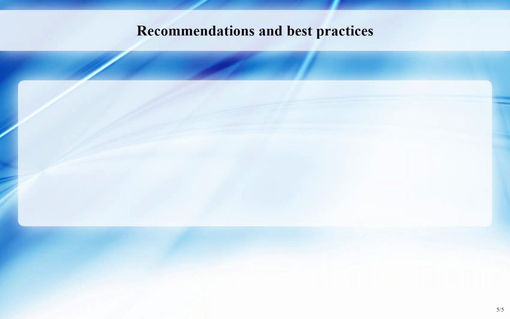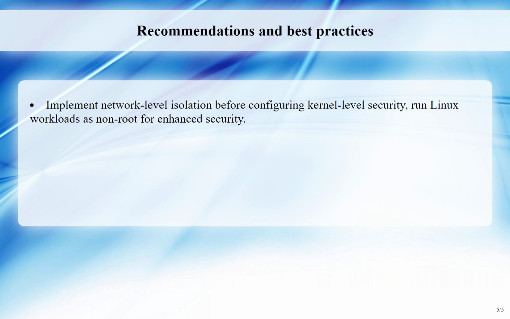Recommendations and best practices. Before configuring kernel-level security capabilities, it is recommended to implement network-level isolation. Running Linux workloads as non-root by setting specific user and group IDs in the pod manifest and specifying runAsNonRoot: true can enhance security.